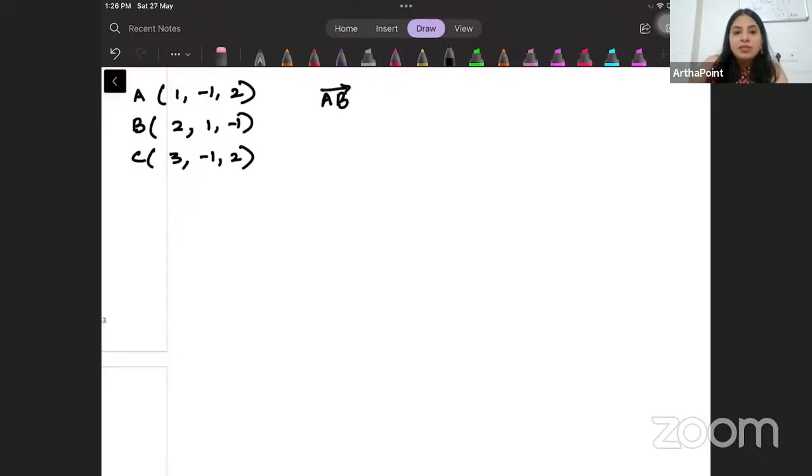So when I write AB, I will get i plus 2j minus 3k. This will be AB. We understand how to formulate vectors, beta. If you have a doubt, do B minus A. So 2 minus 1 is 1. 1 minus minus 1 is 2. And minus 1 minus 2 is minus 3. Is this clear?